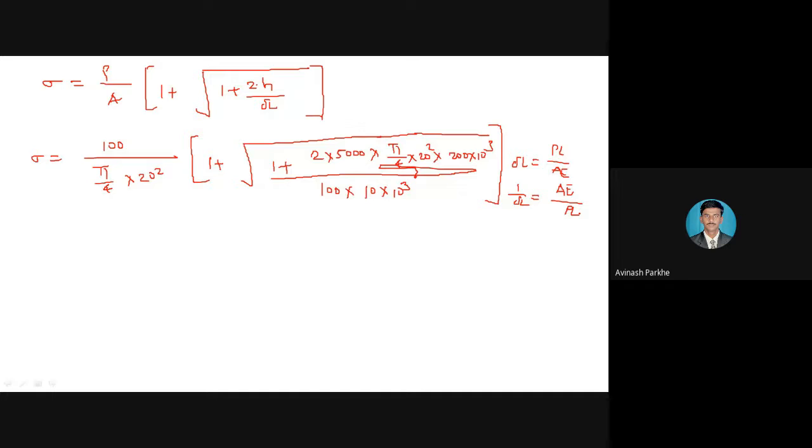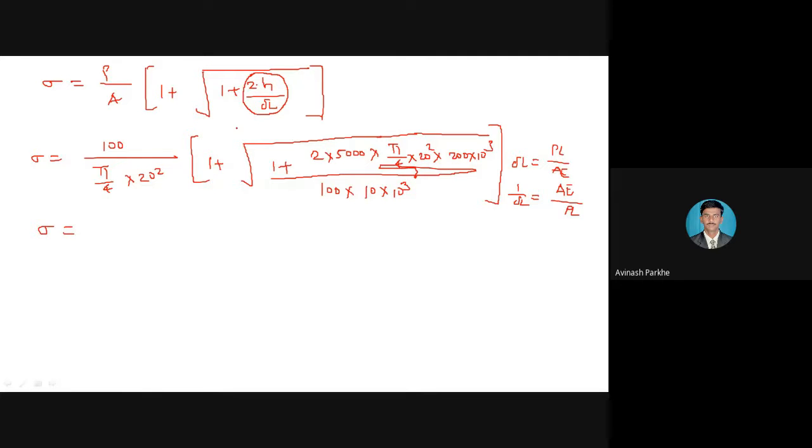So now put all the values and find out the stress equation. Sigma is equal to P, which we have kept, area is equal to pi by 4 d square, in square bracket 1 plus square root of 1 plus 2h upon delta L. Please keep in mind that the 1 plus inside the square root is applicable for the whole term 2h upon delta L. So try to solve 2h upon delta L first, then add plus 1 and take the square root.